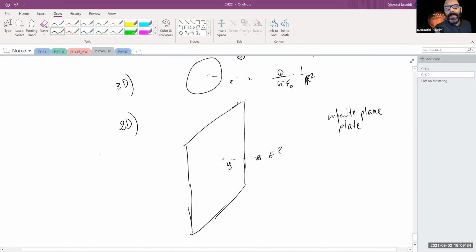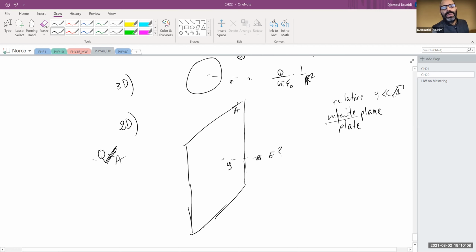Of course, I took a charge Q and sprinkled it throughout this entire surface, so Q over A, of surface size A, a big area A compared to this distance y. That's what I mean by infinite here. Infinite in physics is relative. What I mean is that this distance y is much, much less than the square root of A, which is basically the size of A, its length or its width.